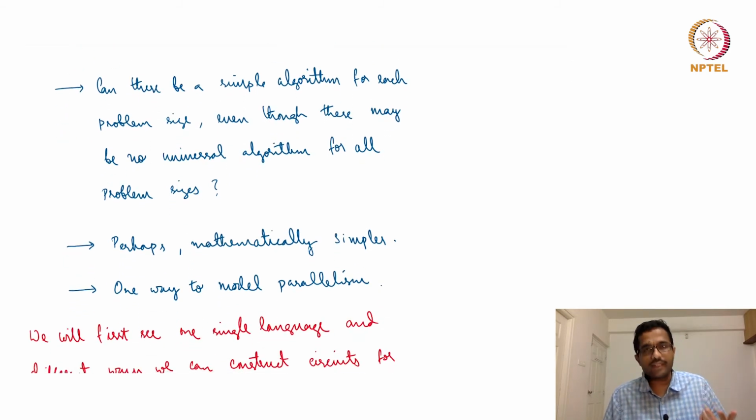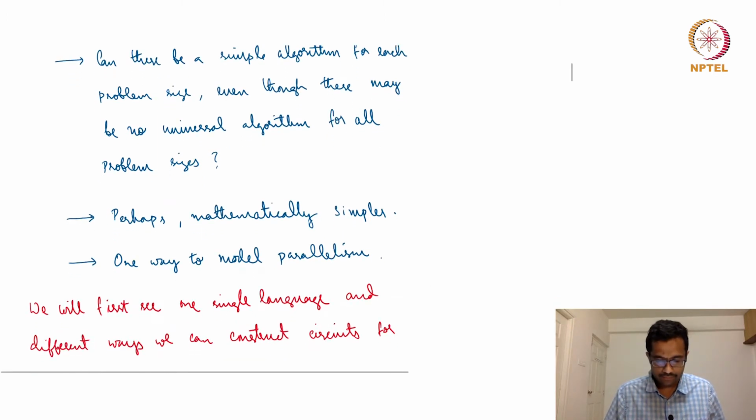Another reason for studying the circuit complexity model is that it captures the notion of parallelism in a nice manner, and that is one reason why it may be good to understand. So this is a third reason why the circuit computation model has been studied.